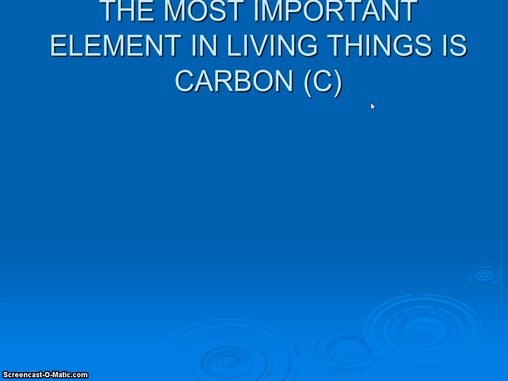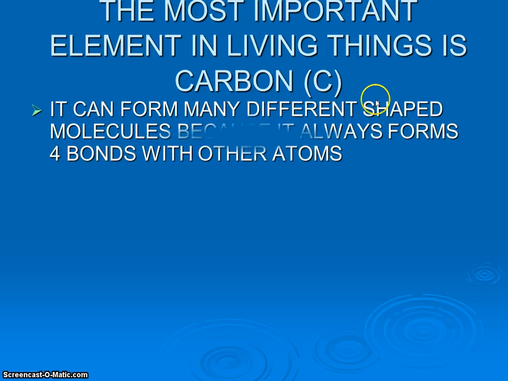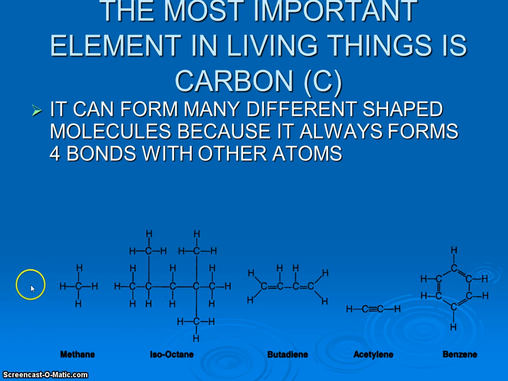The most common element that you'll find in living things is carbon. And what's so special about it is that it can be the centerpiece, the hub of all these molecules that we're going to look at. We can stick anything to it, essentially, and it can form chemical bonds with just about any other atom in any arrangement.